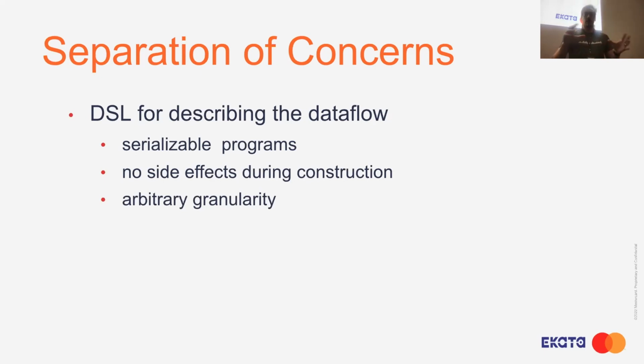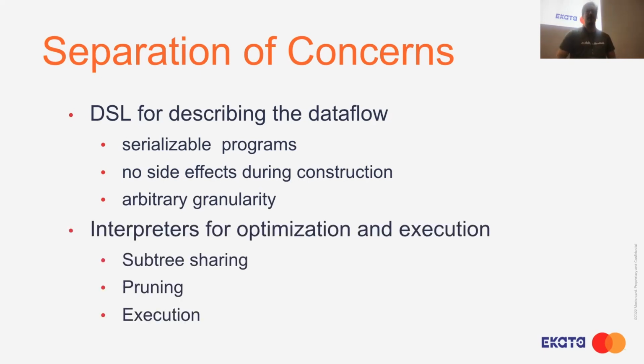And once we have our language, then we can have interpreters for optimization and execution. So then we can have separate interpreters. For example, subtree sharing, so that we calculate everything once. We can have pruning to reuse already calculated intermediate data. And of course, we can have multiple execution interpreters for different environments.